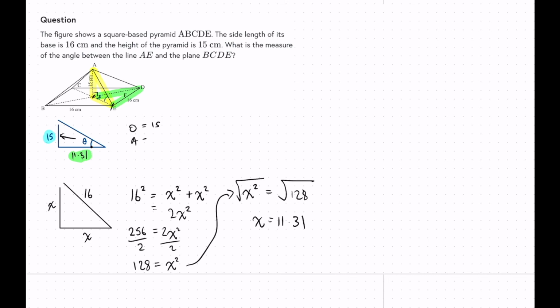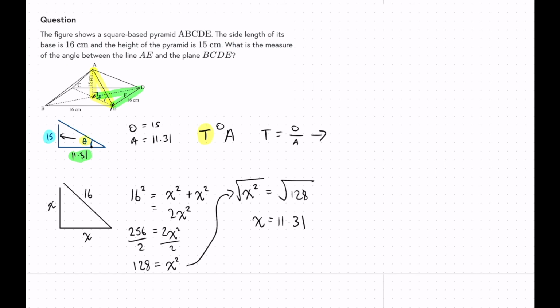The adjacent is equal to 11.31. The trigonometric ratio that uses opposite and adjacent is TOA. What am I trying to find? Well, I'm trying to find the angle here. So if I cover up the T, I'm left with O over A.